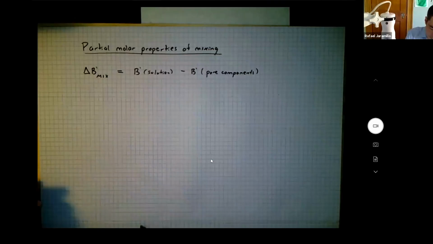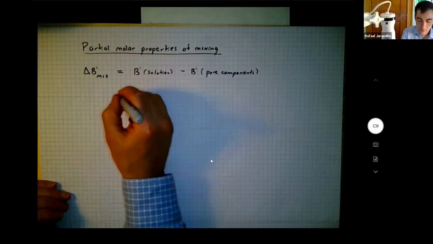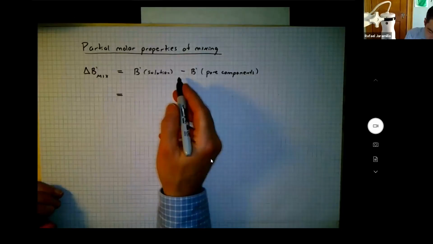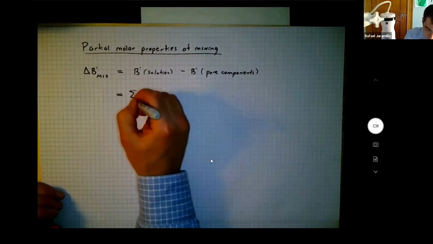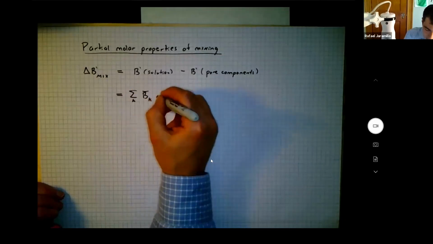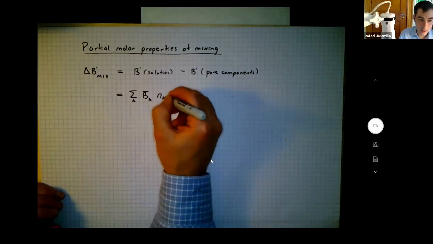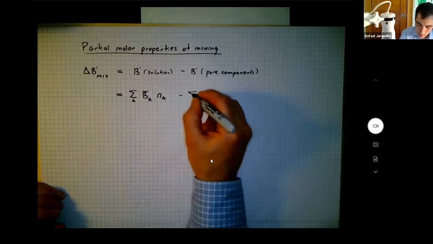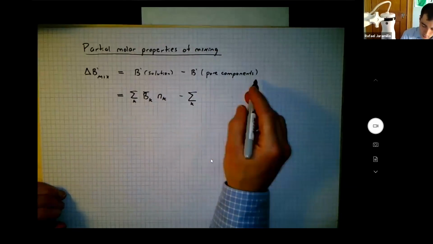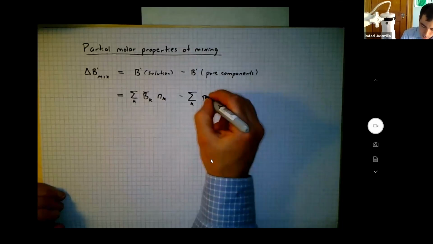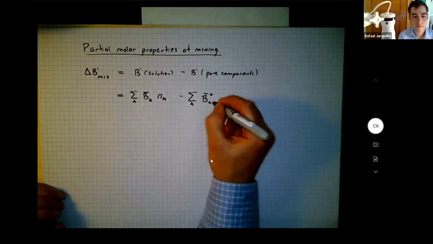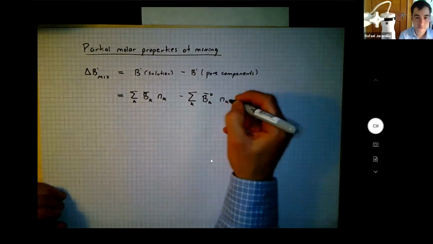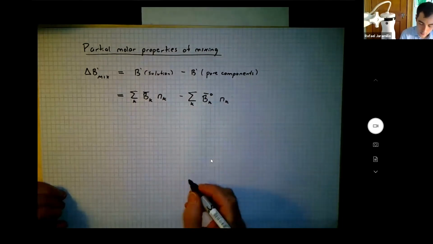And we're going to write the total B using partial molar properties, as we just learned how to do, Bk, n of k. And then we're going to introduce even more notation and say, for the pure components, you had pure molar properties. And we're going to group terms.